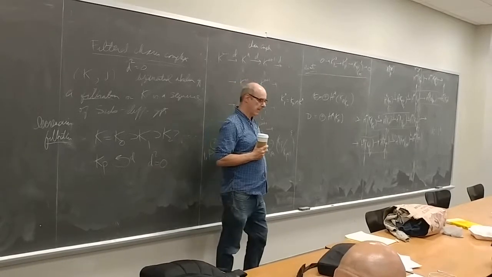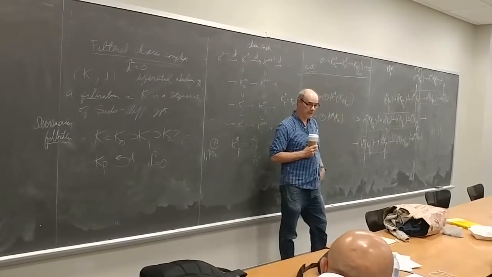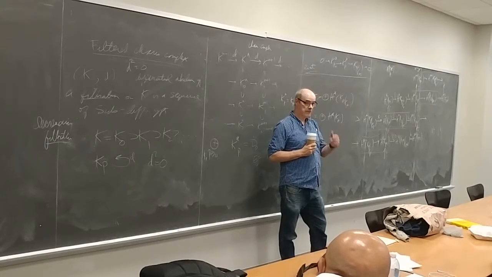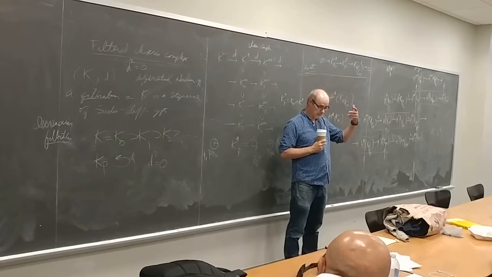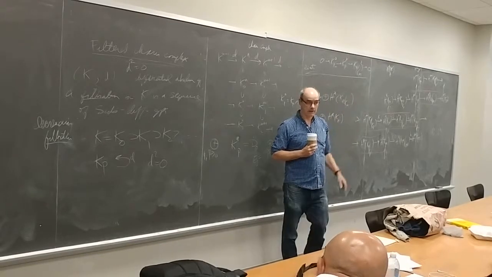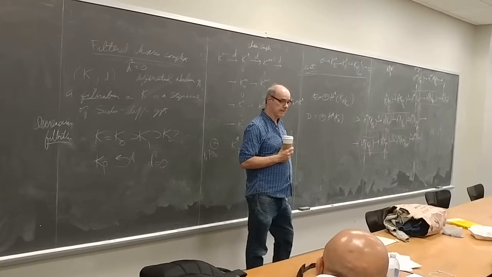That was one of his main areas of research, and that led to all kinds of things, not the least of which is the Brown-Peterson spectrum, because Brown and Peterson produced the Brown-Peterson spectrum originally by building a Postnikov tower. So that all came out of Peterson's work.